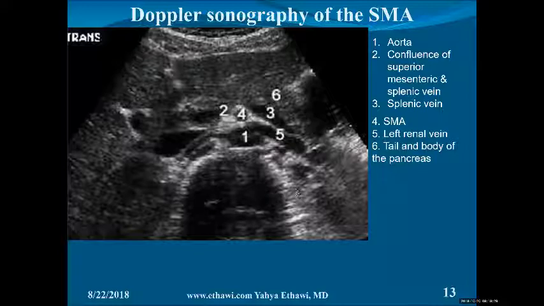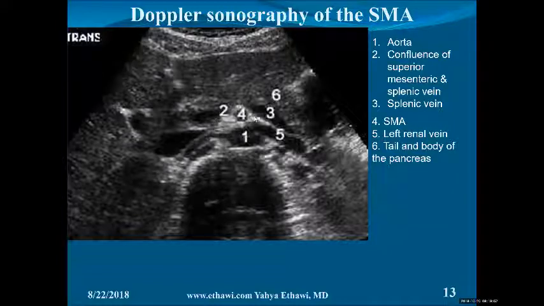And here you can see that this is the aorta, and this is the inferior vena cava. Yes. And you can see here the confluence of the superior mesenteric and the splenic, before it branches to the splenic and hepatic.